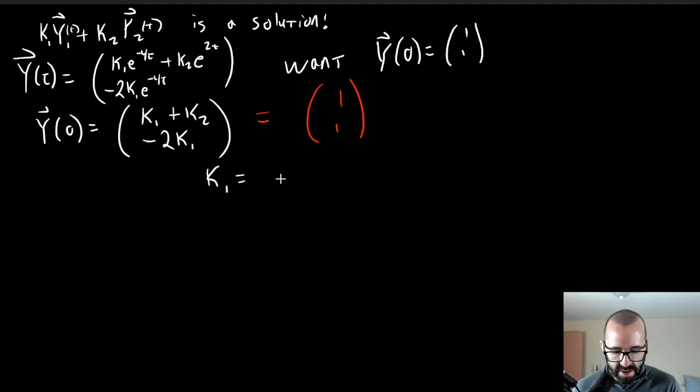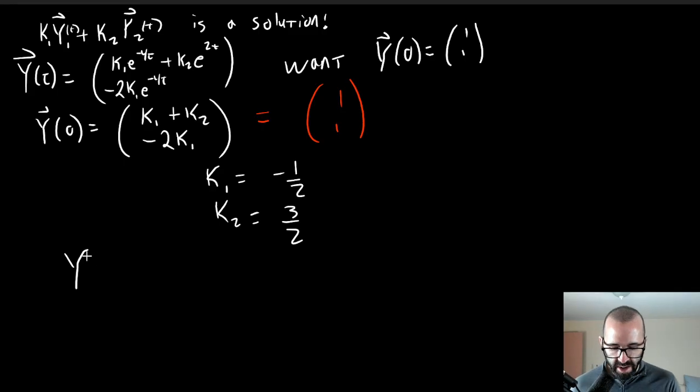We're going to get k1 is equal to negative 1/2. And so k2 is going to equal 3/2, I think. Wait, because negative 1/2 plus 3/2, yep, good.